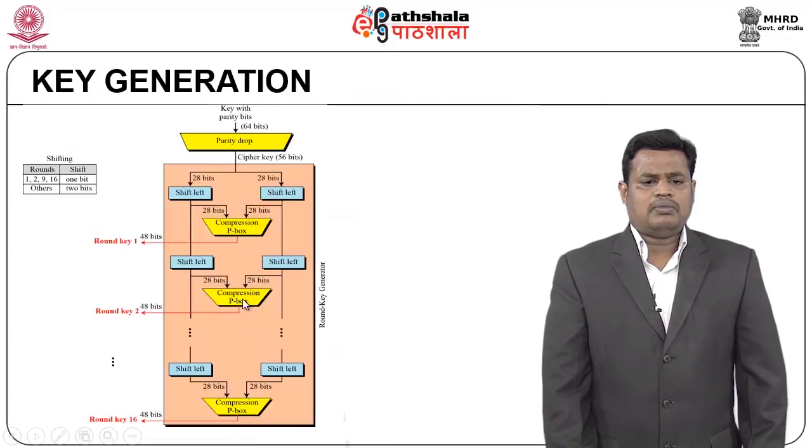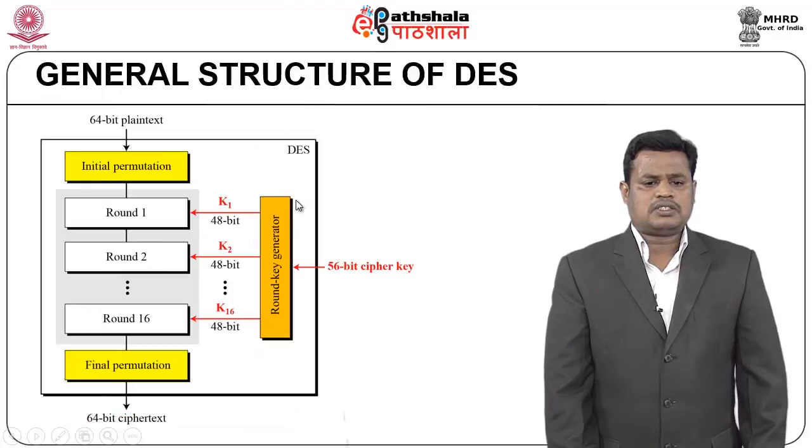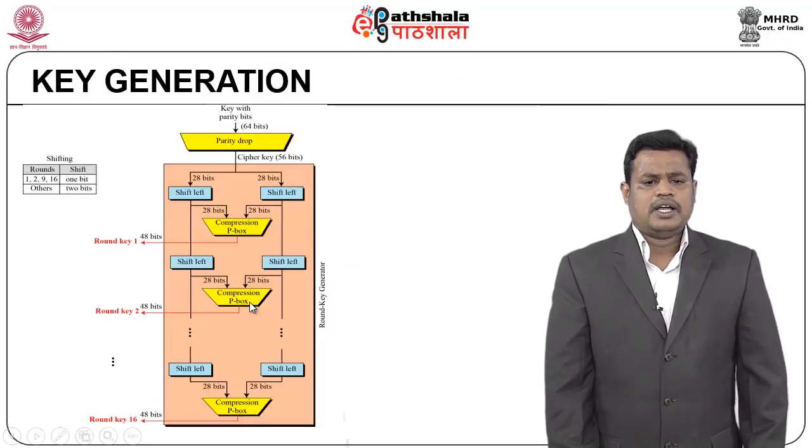This diagram is about the key with parity bit. As I mentioned earlier, this process is the round key generator, and the internal process involved in it is explained in this block diagram.